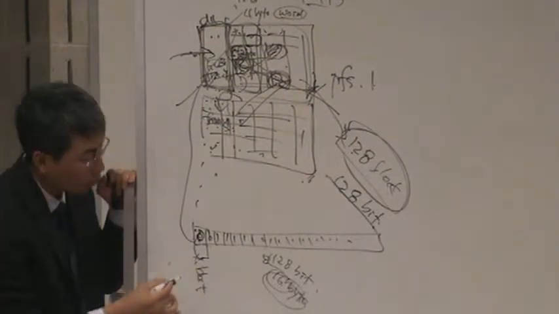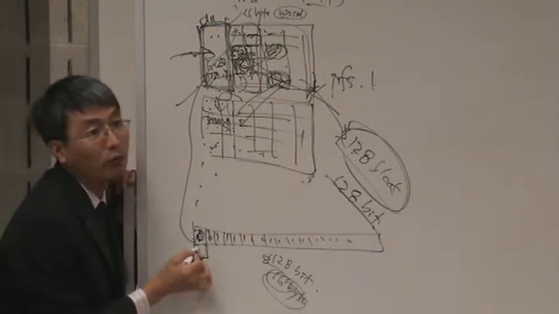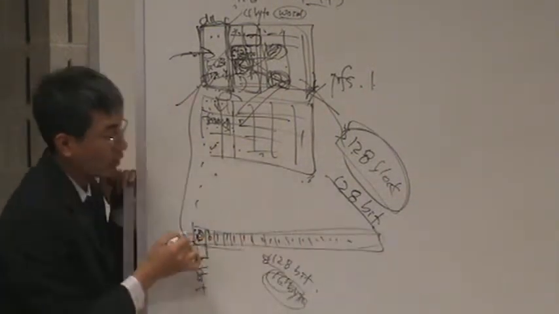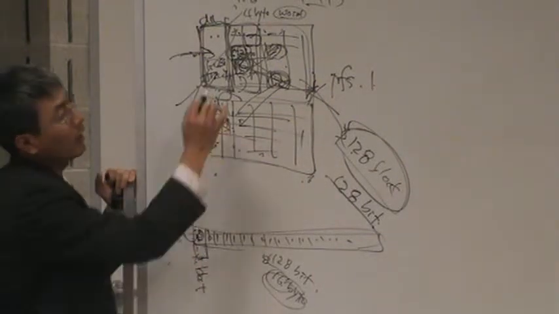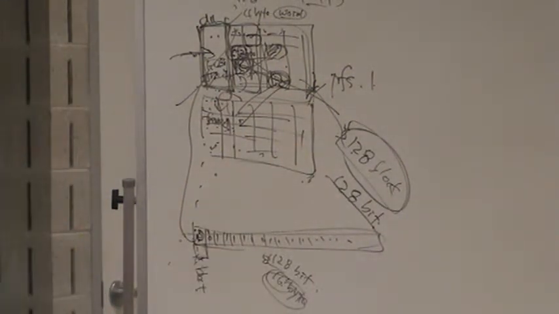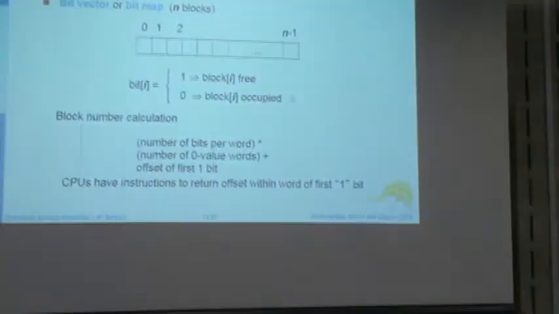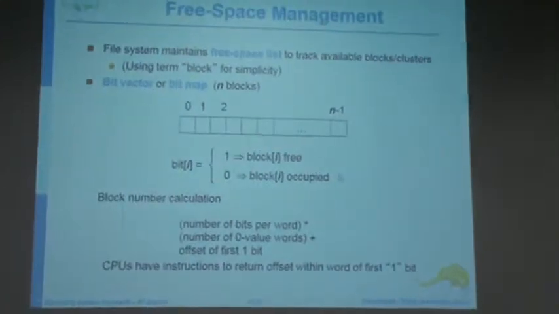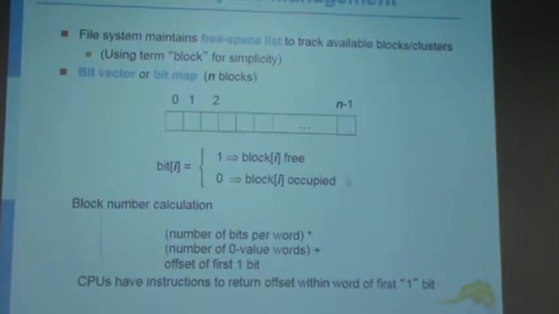So you don't have to manage the direct address. Just use 128 bits to manage 128 blocks, then find the location. At that time we don't have to manage such a big directory structure. Instead, we can make it smaller.